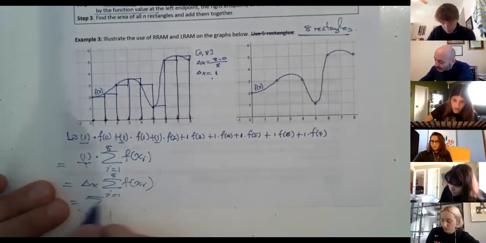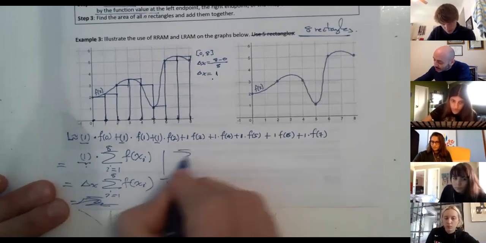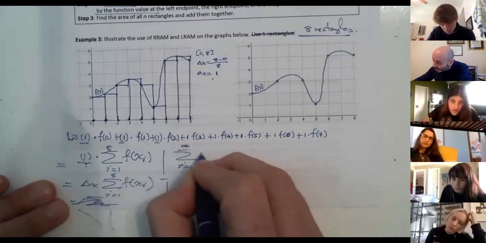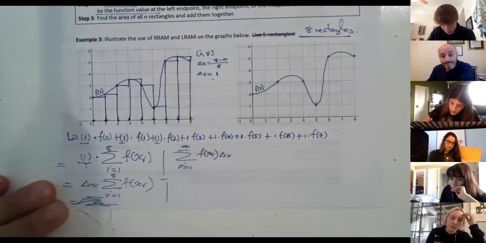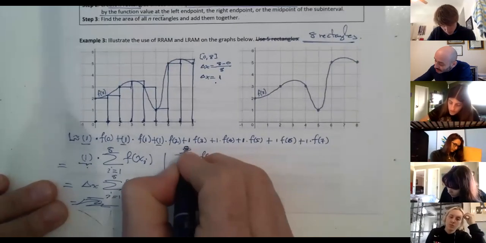Or I'm going to write this delta x inside the sum, so you can see something. f of x sub i times delta x, right? It's the same thing. And this is 8.